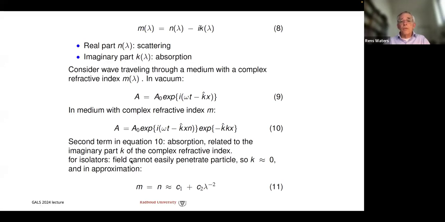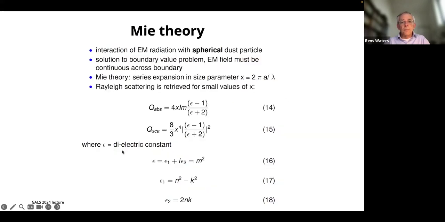So that means that k is roughly 0. So you really have only the real part of the refractive index, and then you can write that m is n. And that can often be approximated by this formula here, based on material properties of insulators.